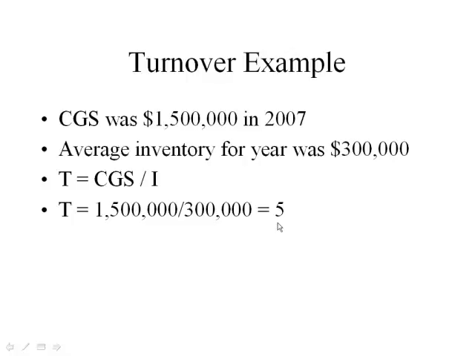So it literally means our inventory turns over 5 times during the year. So if this was a retail situation and we quit ordering any new merchandise from our suppliers or from our warehouse, but we kept selling stuff, it would take 1/5 of a year on average for us to completely empty out our shelves. So if we think about this, what we want is big numbers.